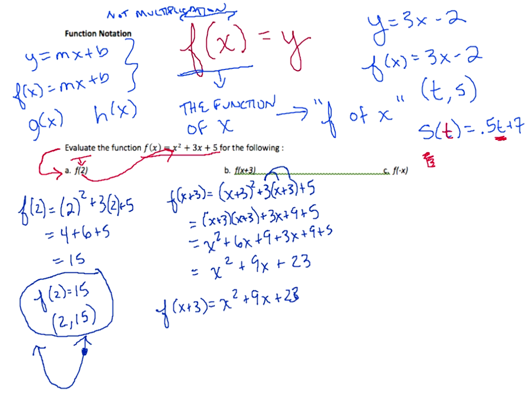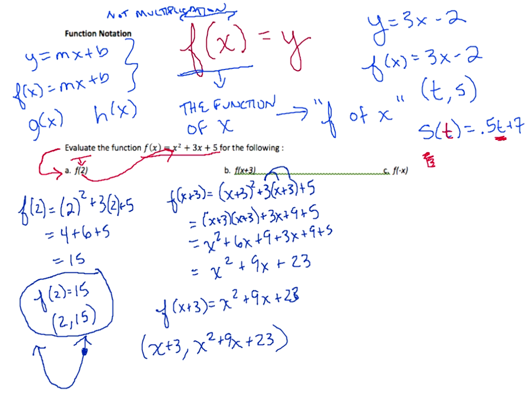And now this is going to look really confusing, but don't worry, I'm just writing it for posterity's sake. This corresponds to the point (x plus 3, x squared plus 9x plus 23), if I write it in point form. So we have our function notation and our point notation.